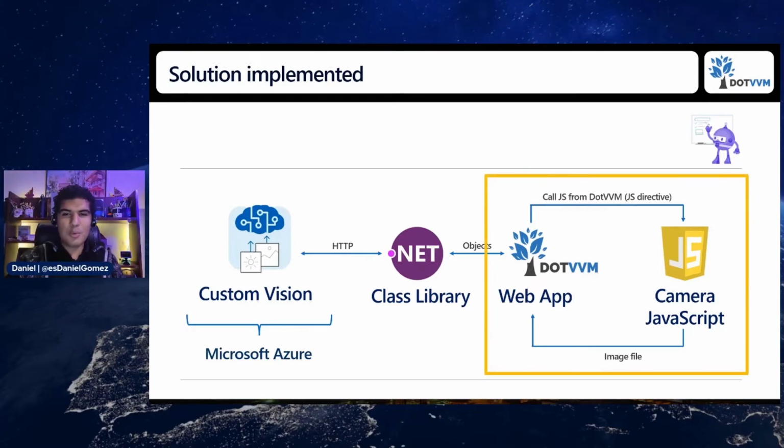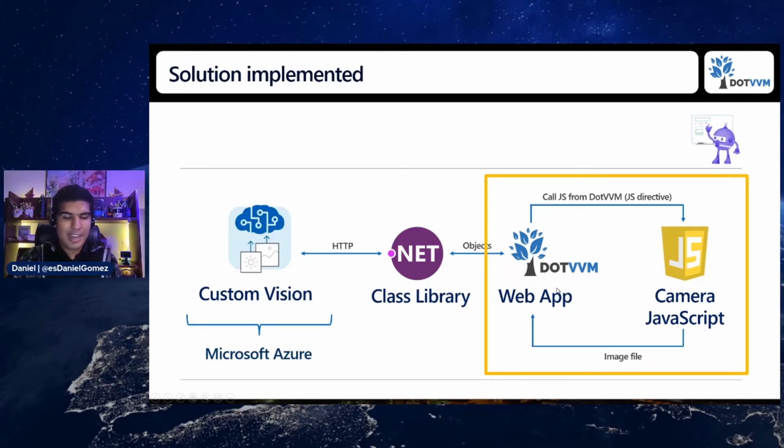In this case, we will focus on our web application because the idea is, with the JS directive, to have a camera JavaScript to, for example, take a picture or search some pictures and analyze that image to recognize some objects and show the results in our web application.